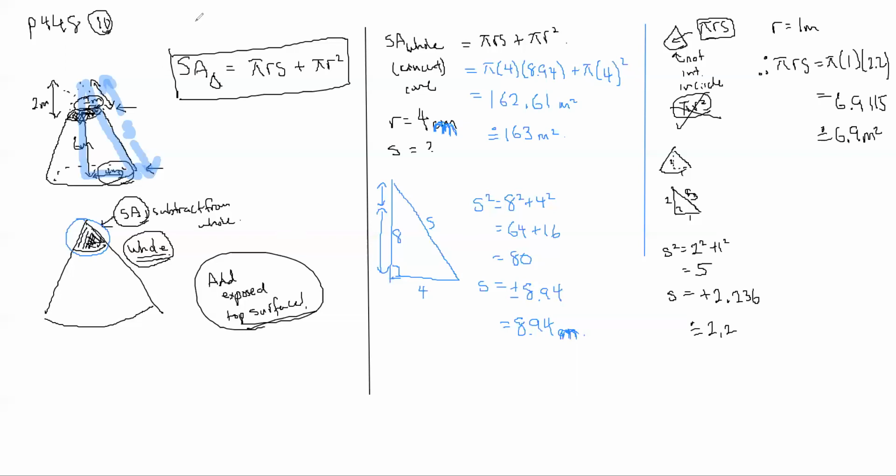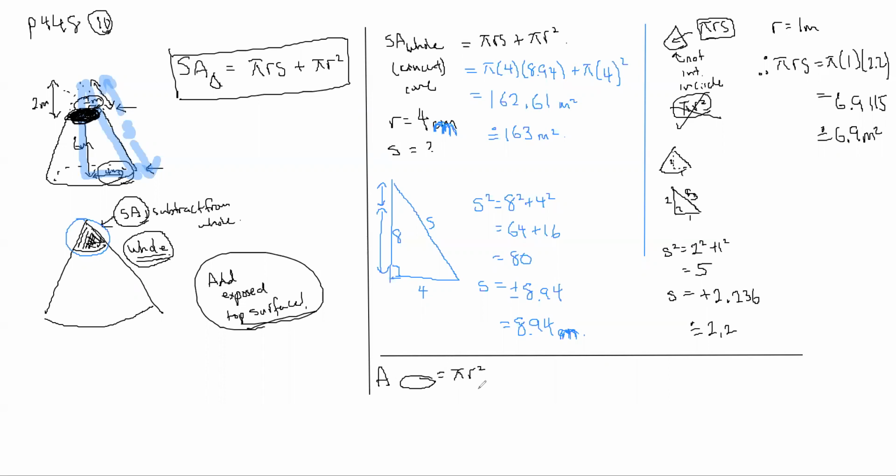The last bit, I need to calculate the area of that surface portion right here that has been exposed when I chopped off that little tip portion. So for this circle, the area of a circle, that's nice. We don't have to worry too much.